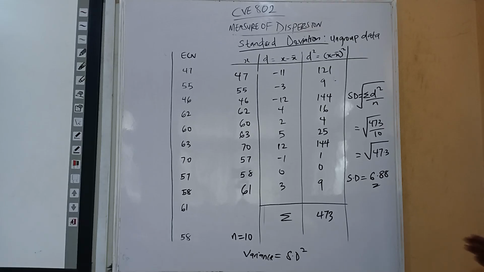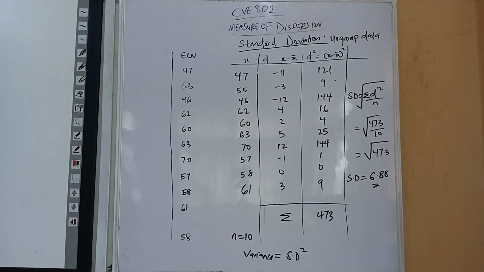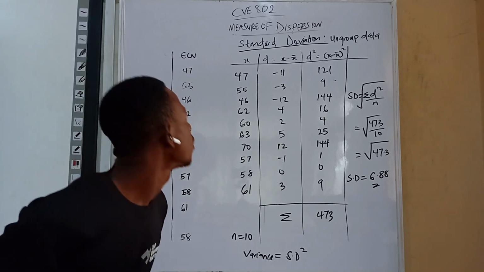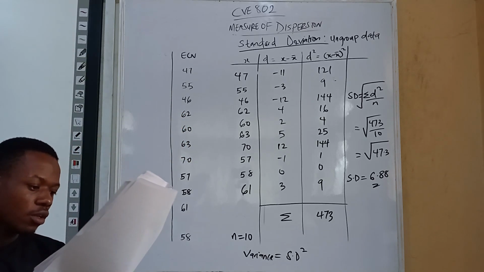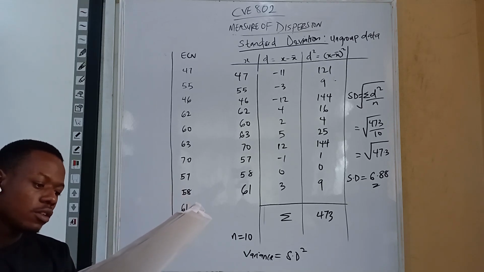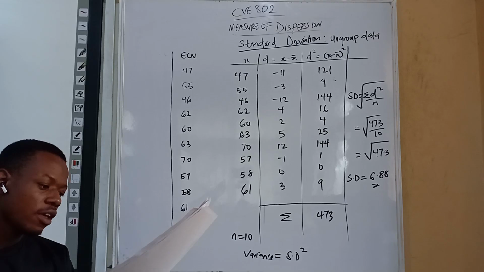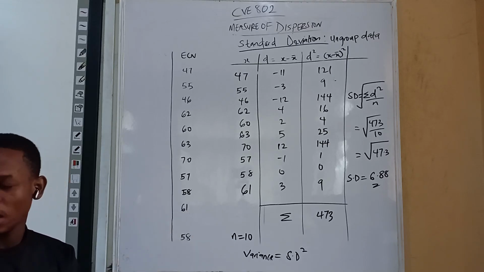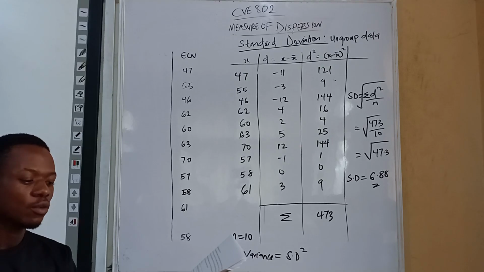So we've successfully done the standard deviation for an ungrouped data. Listing out the steps on the material, page 32: the steps to calculate the standard deviation for ungrouped data, where x bar is the mean and x is any set of numbers.